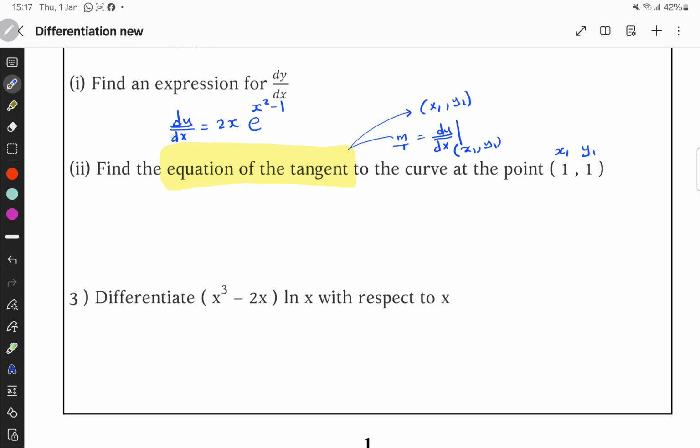I found dy over dx here. So the gradient of the tangent is equal to dy over dx at the given point, where the value of x equals 1.